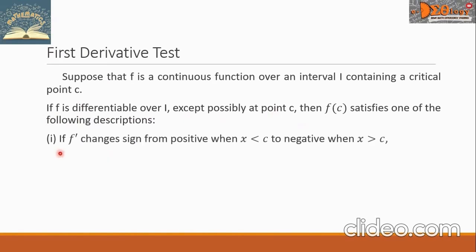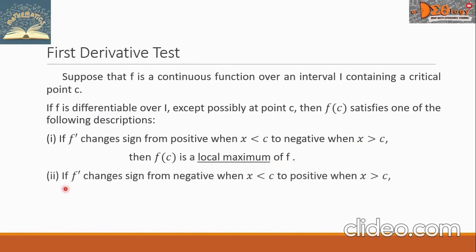Number 1, if the derivative changes sign from positive when x is less than C to negative when x is greater than C, then f of C is a local maximum of f.